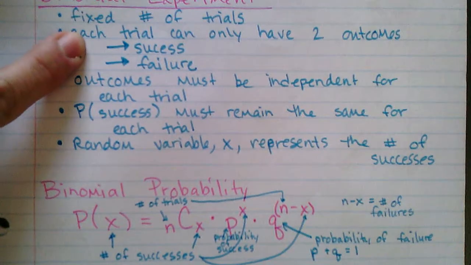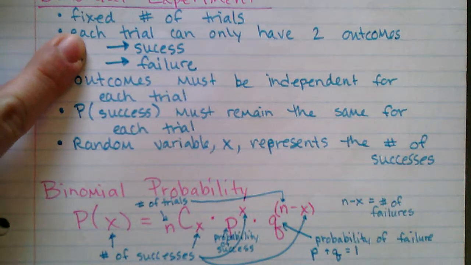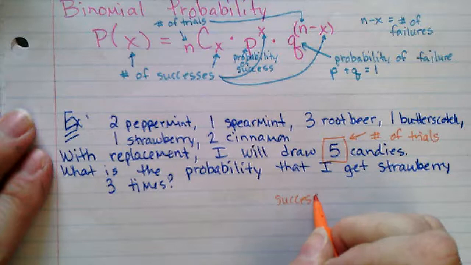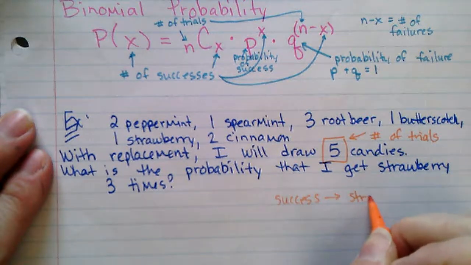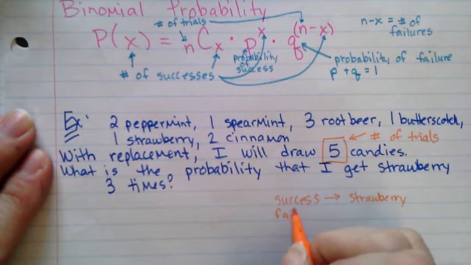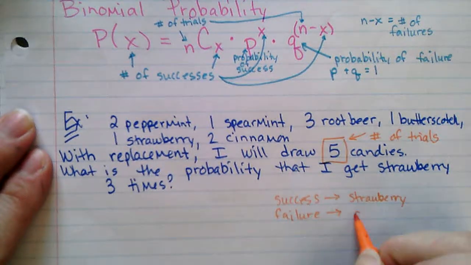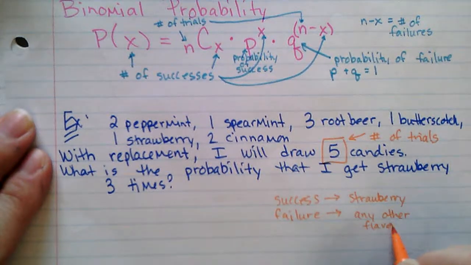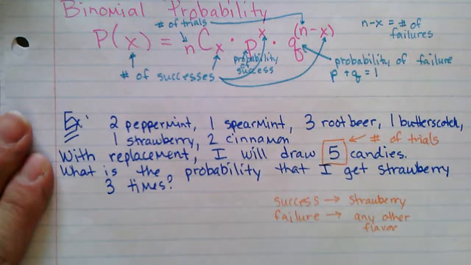Each trial can have only 2 outcomes, success or failure. So in this case, a success is that I draw a strawberry candy. A failure is that I draw any other flavor. So those are my 2 outcomes, strawberry or not strawberry.